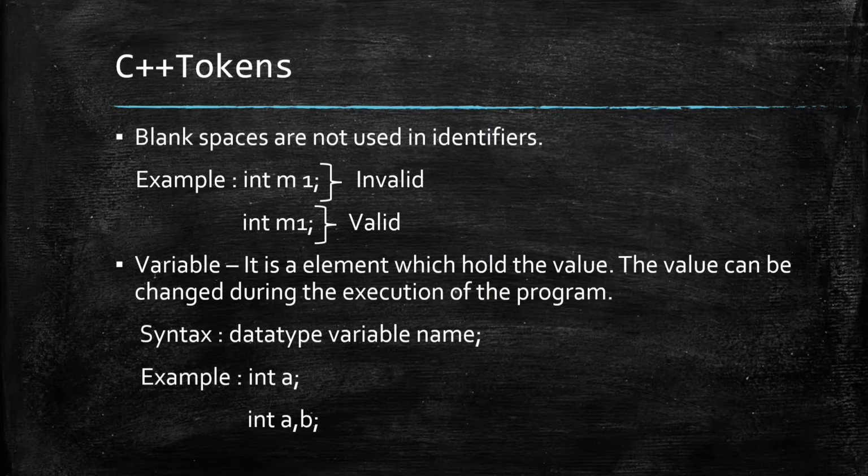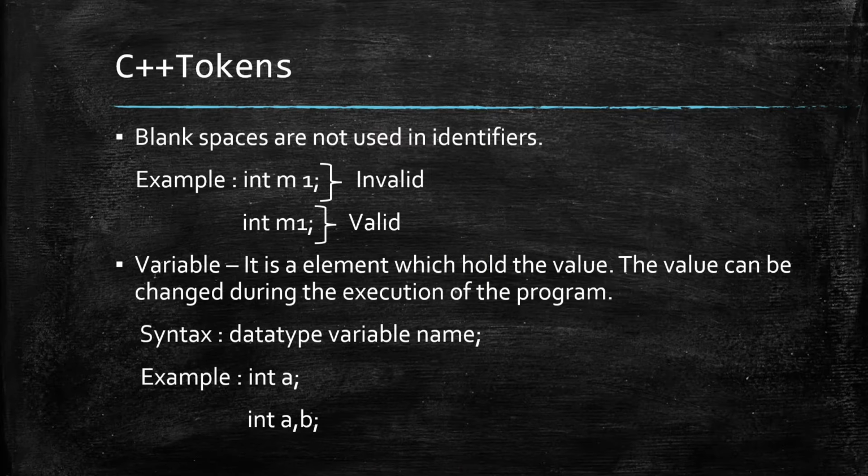So syntax is nothing but the grammar which is to be followed while writing a statement, while writing your C++ program. It shows you the way how to write. Suppose I'm having a variable. How do I write my variable?